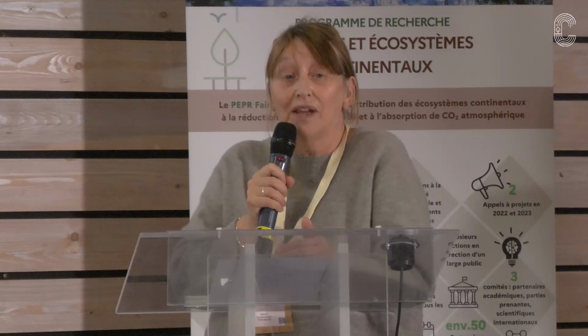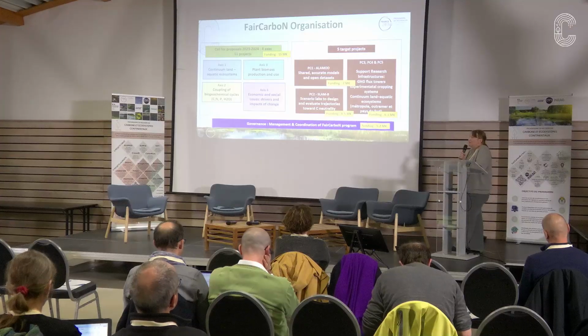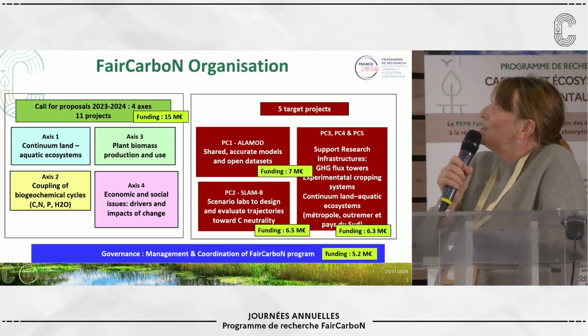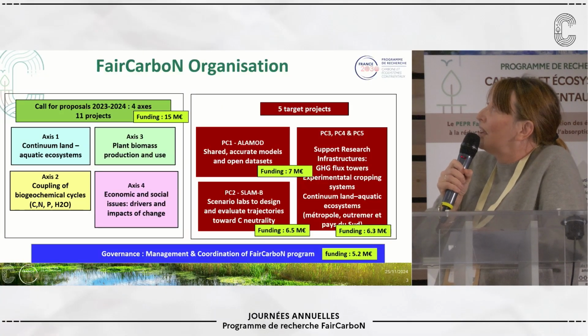The second one, SLAM-B, takes place at a territory scale. They study the interaction between ecosystems and how the carbon arrives by, for example, waste recycling, not only photosynthesis, and also how the carbon leaves, for example, using the biomass outputs for different users. And then we have these 3 target projects based on supporting research infrastructure.